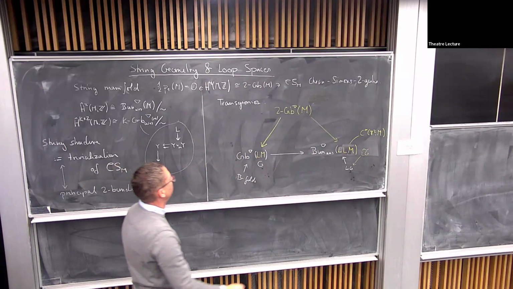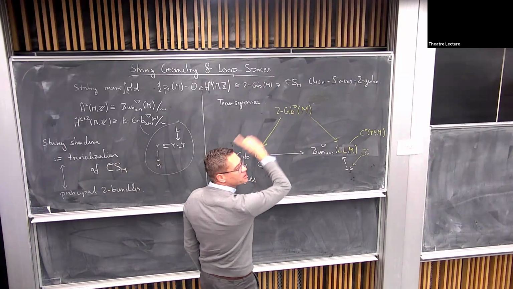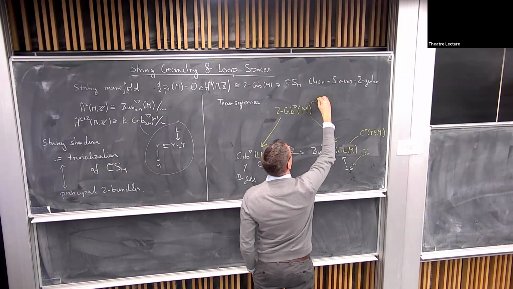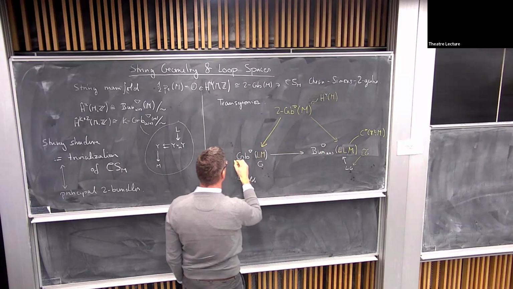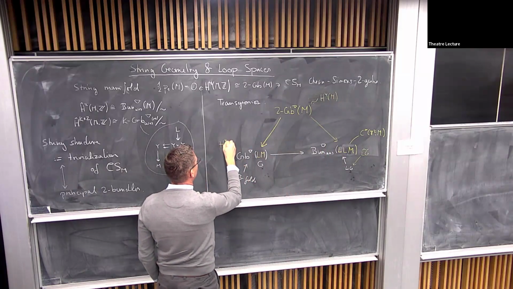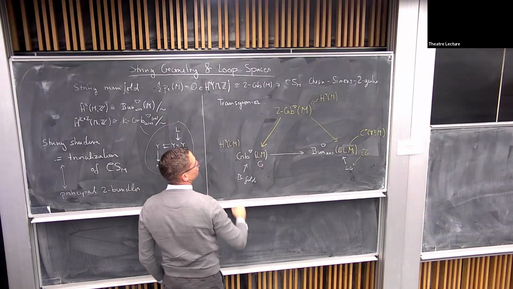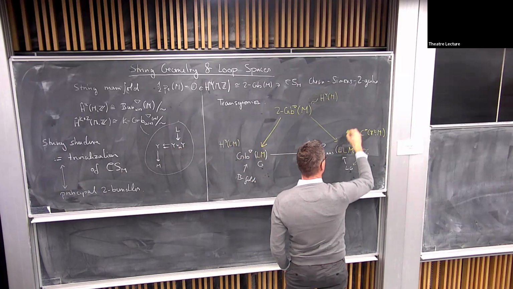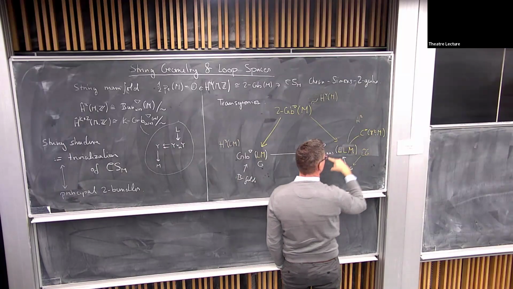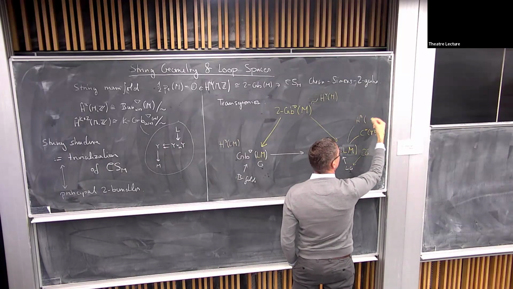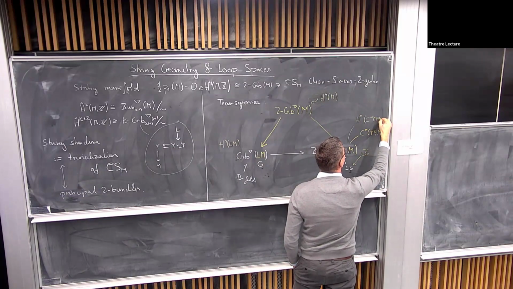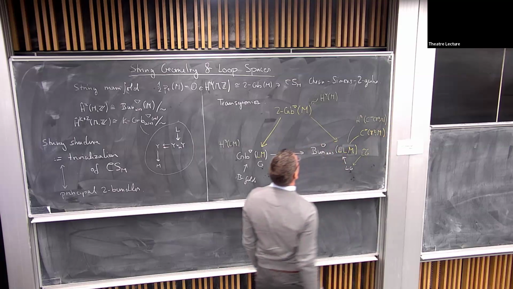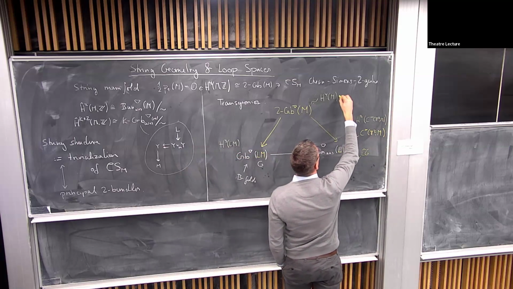What are the classifying cohomologies in this diagram? This is H^4 of M. This here is H^3 of the loop space, geometrically realized. And this here is H^2, because it's line bundles or U(1) bundles on the double loop space, so on this mapping space C^∞(T^2, M). And here is this 1/2 Pontryagin class.